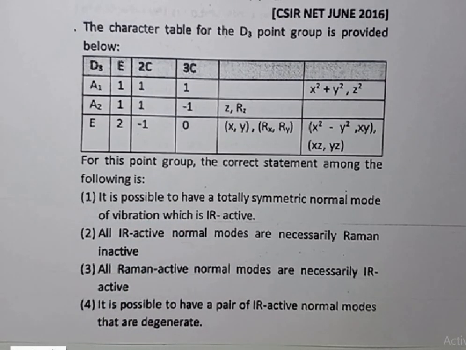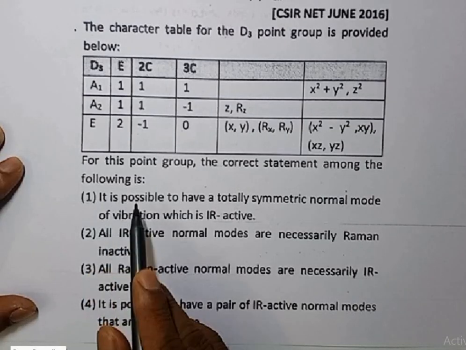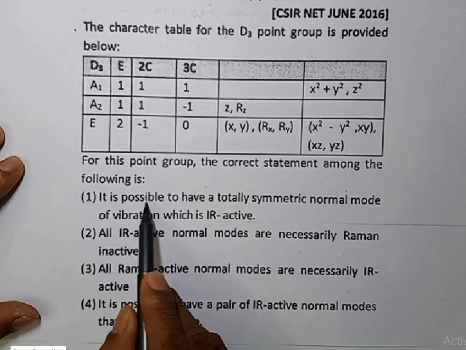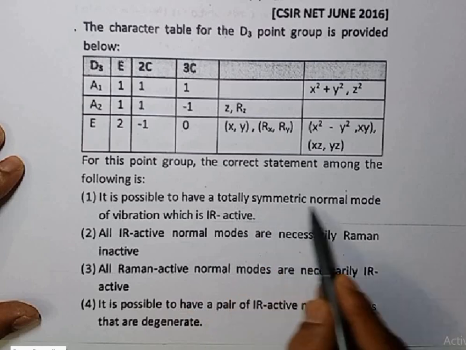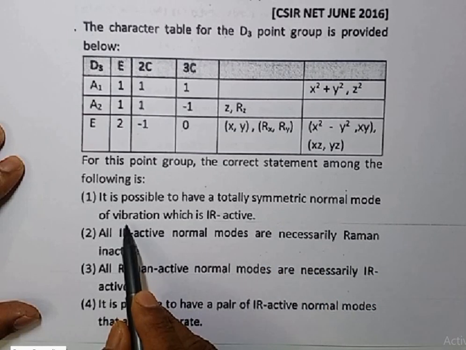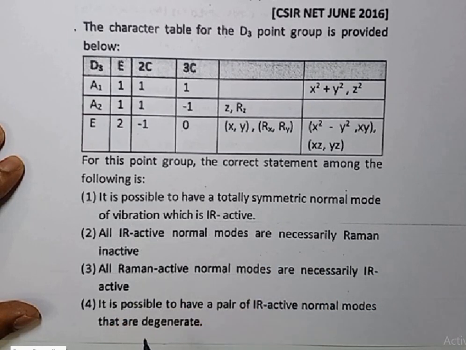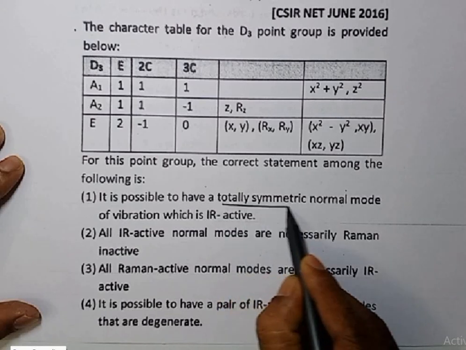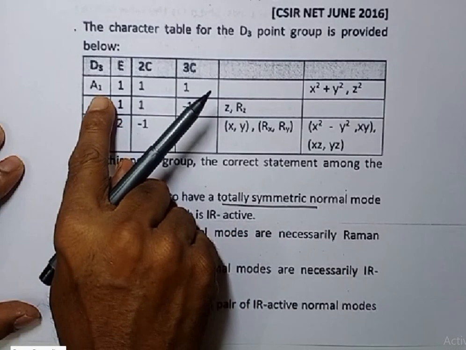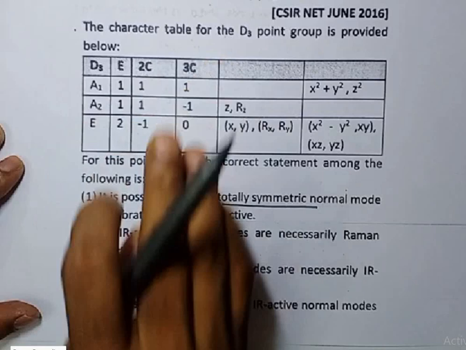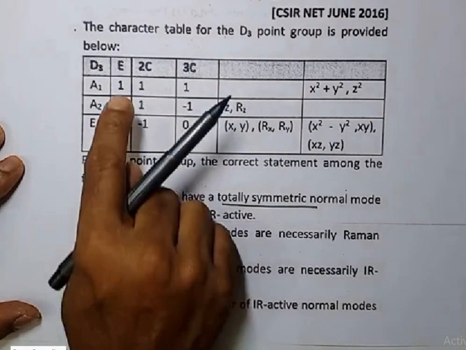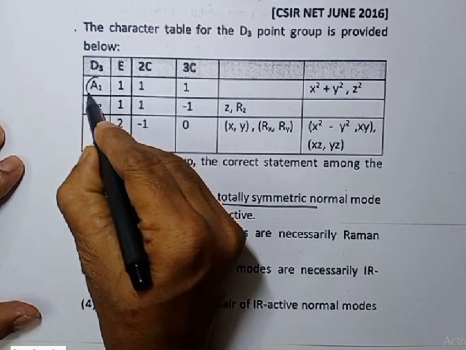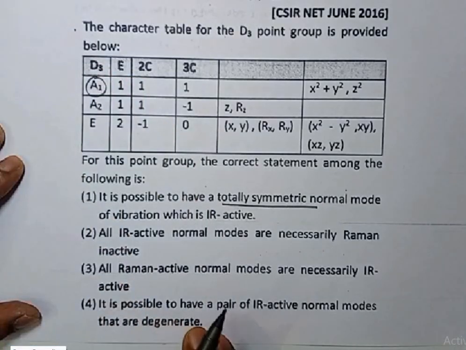Listen. So just go through statement 1. It is given that it is possible to have a totally symmetric normal mode of vibration which is IR active. Totally symmetric means all the values should be +1. Yes, in this character table, A1 irreducible representation is totally symmetric.